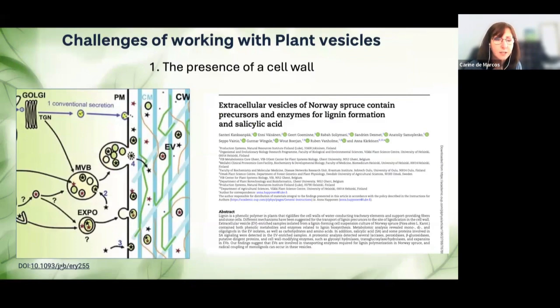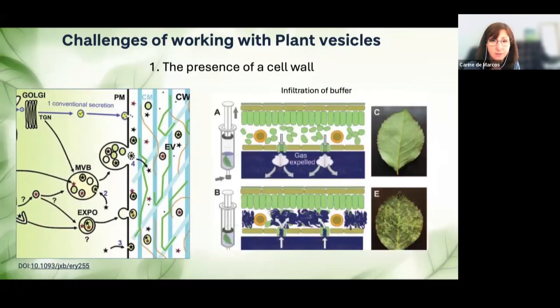And you can see here this paper in 2010, I think, where you have the cell wall here and extracellular vesicles being released in the cell wall. And what we are learning and starting to understand is that the EVs actually contain enzymes that can modulate the cell wall. So the cell wall is actually a small issue, but not a complete issue also because it depends on the type of plant you are using to extract your extracellular vesicles.